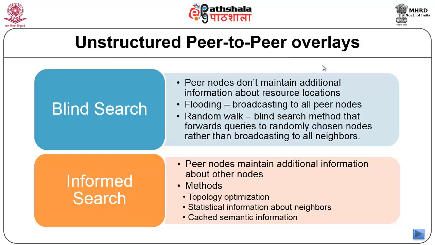We can also have a caching mechanism by which if a query has happened earlier on, the result is stored in the cache of a peer, and for the next search we first search the cache of the peer to see whether some relevant information is available. If it is not available, then we do some informed search about the node.